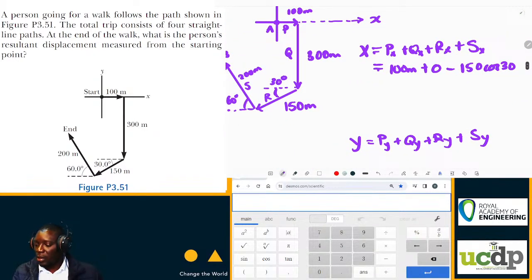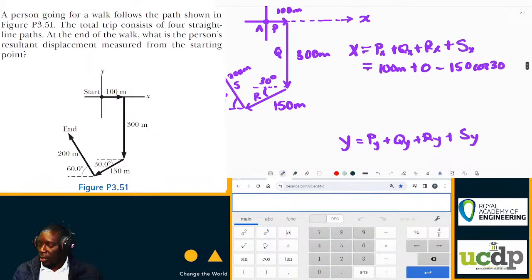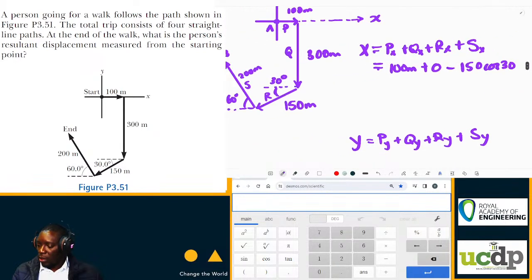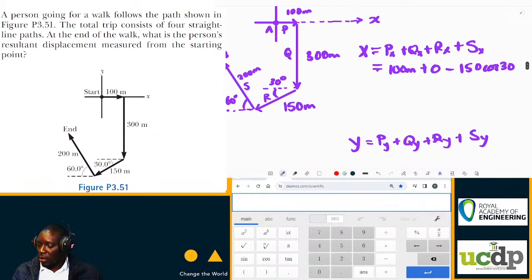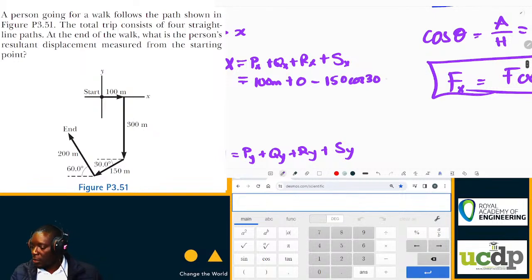Then the same applies. S has got a component in the negative x direction and at an angle of 60 degrees. So we would take negative 200 cos 60.